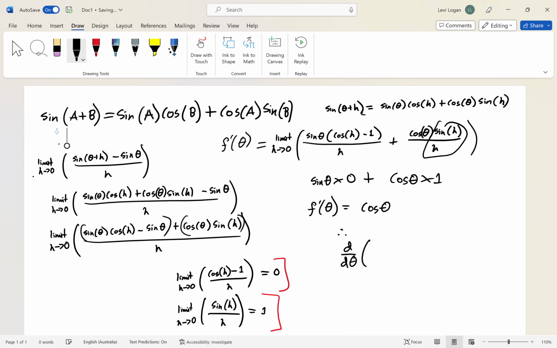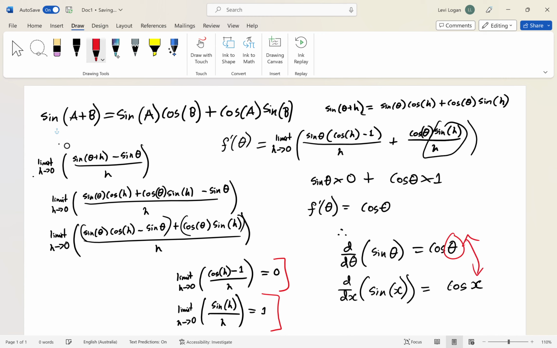The first derivative of sine theta is equal to cos theta. Or what you might see is d/dx of sine of x is equal to, not sine of x, cos of x. The only difference between these two is I've just changed my variable from a theta to an x.